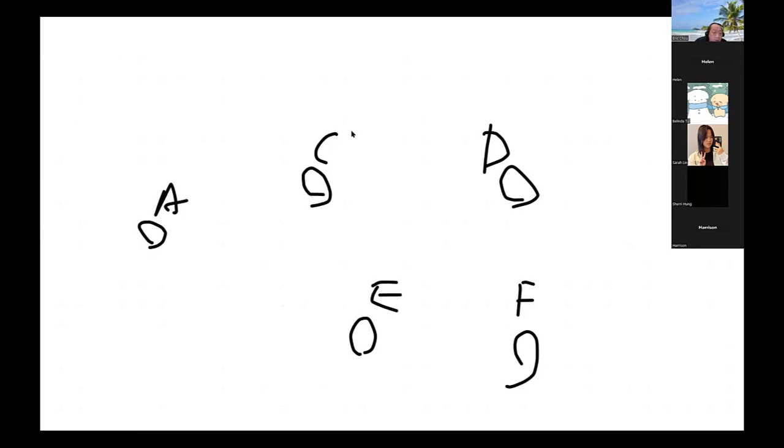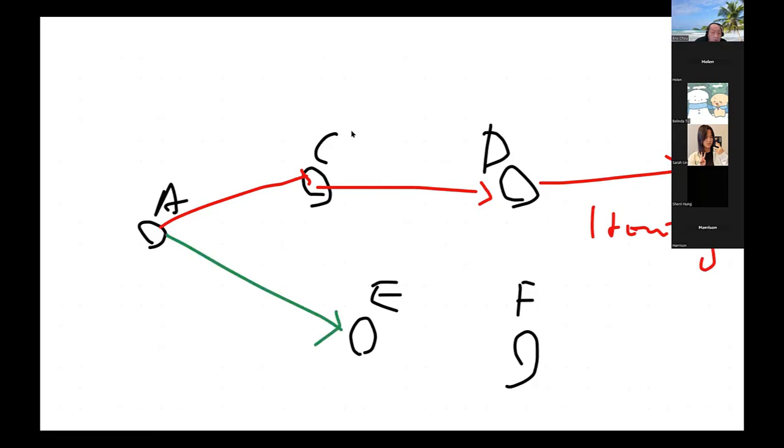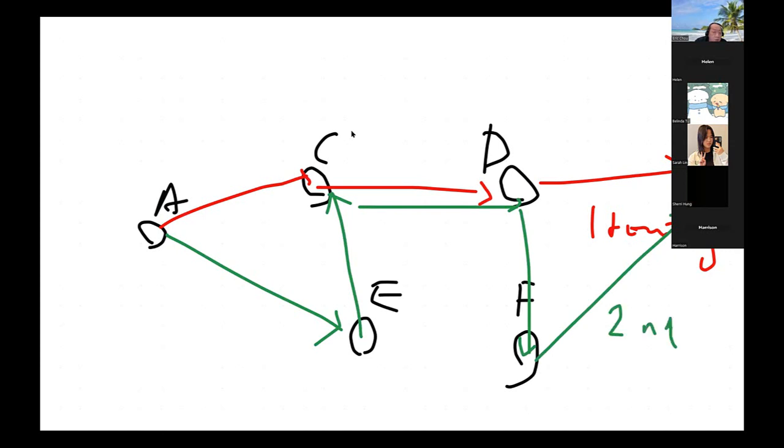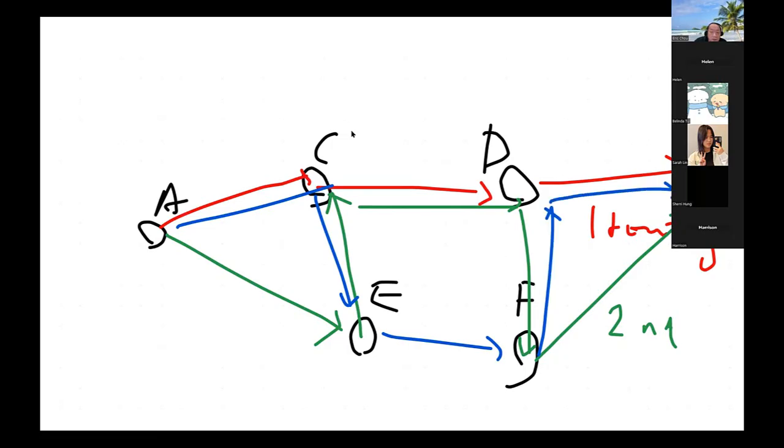You may go from here to here, from here to here. That's one routing. You may go another way through different points. That's the second routing. You may go yet another way. That's the third routing.